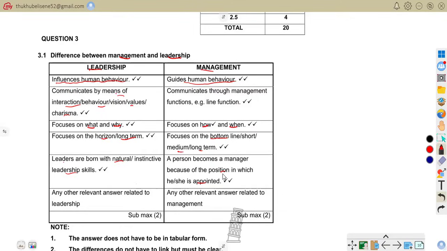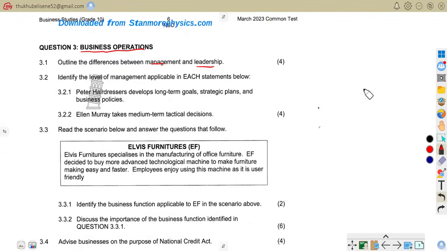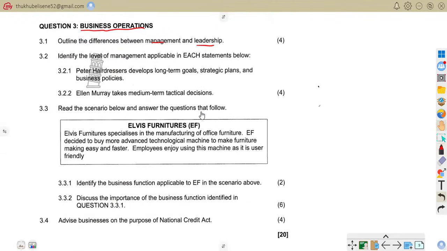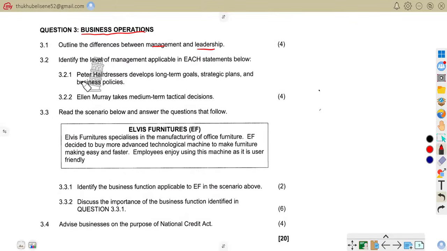That is 3.1. Now coming to 3.2, which says identify the level of management applicable in each statement below. 3.2.1, Peter Hairdressers develops long-term goals, strategic plans, as well as business policies. 3.2.2, Ellen Murray takes medium-term and tactical decisions.